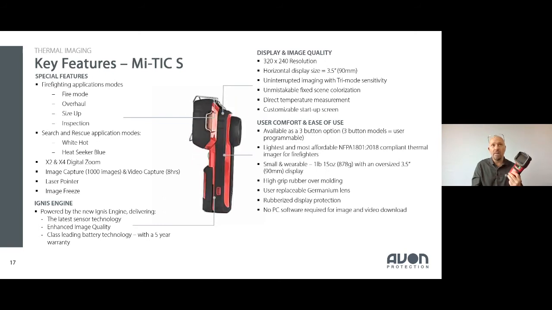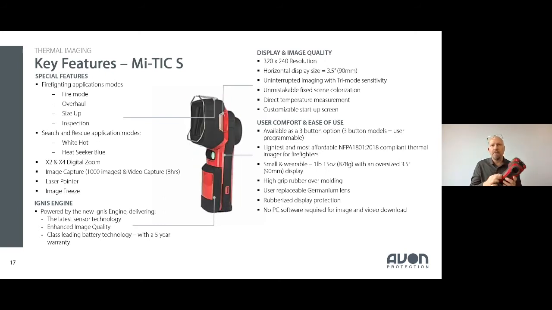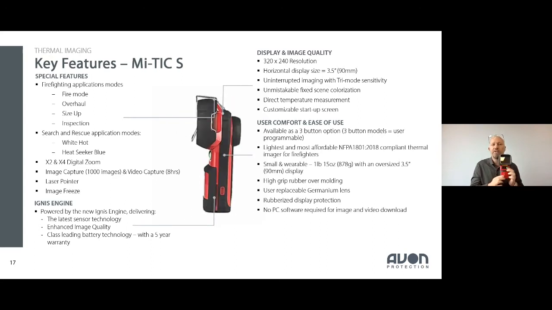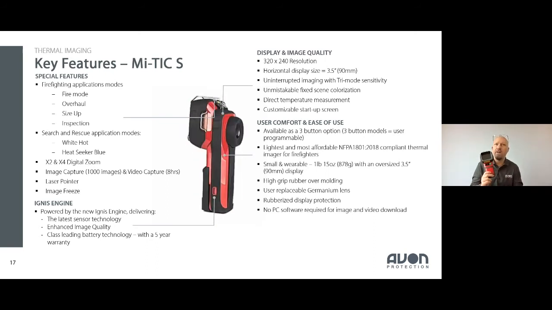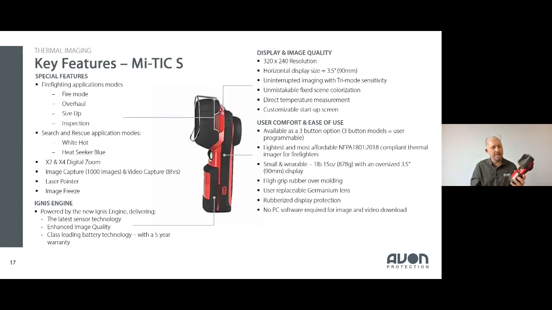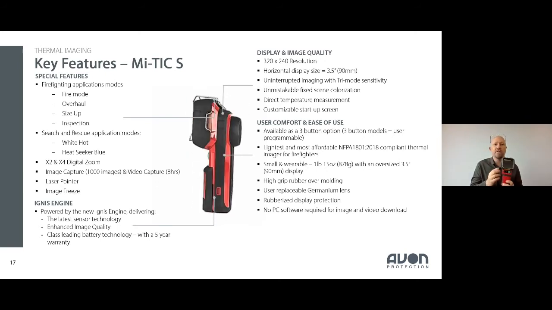So under a kilo, very small, lots of rubber on these to keep them safe. The material it's made of is called Ridsdale, which is a chemical and heat resistant casing, so very, very ruggedized, and this will plug into your PC and you can see what's happening on the camera. There's lots of feedback.